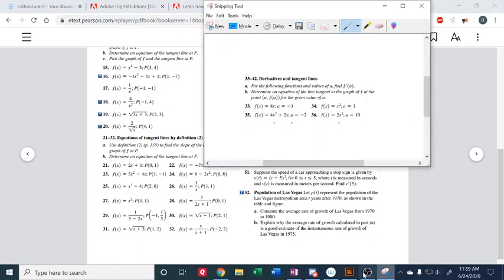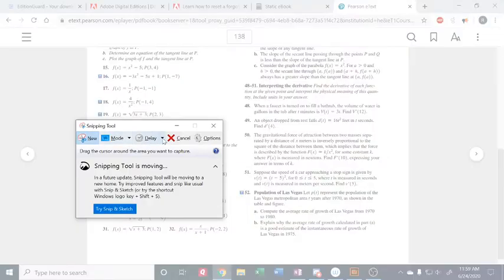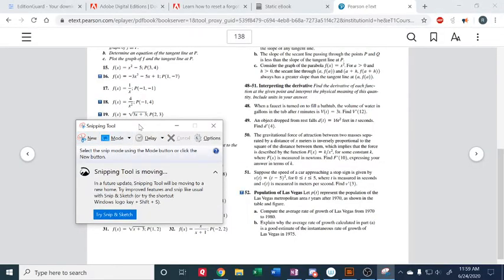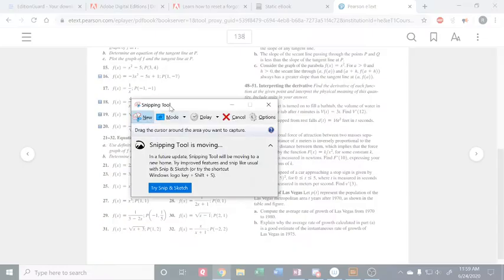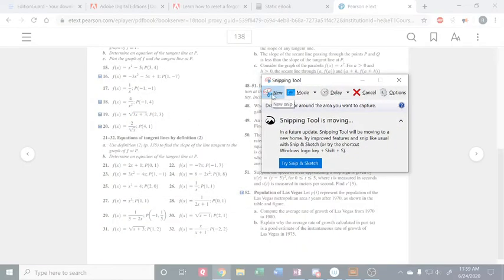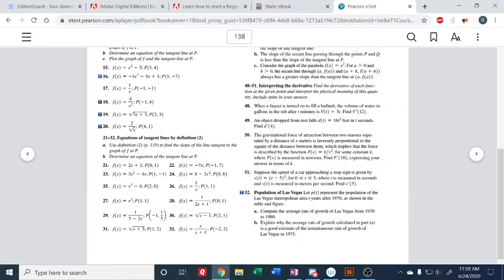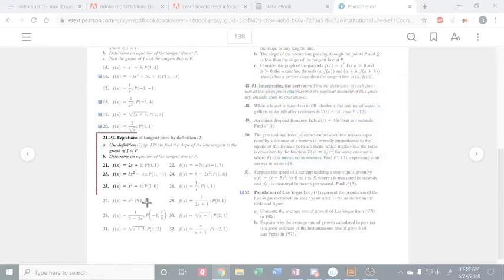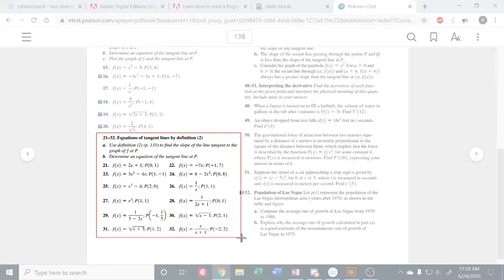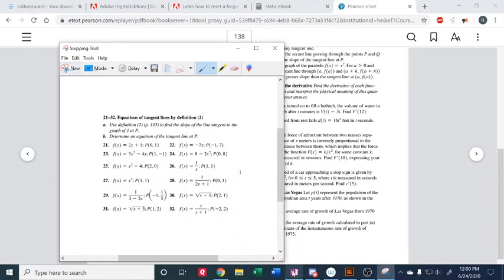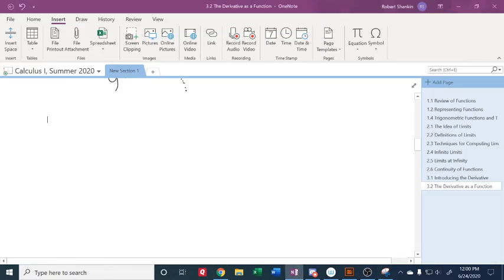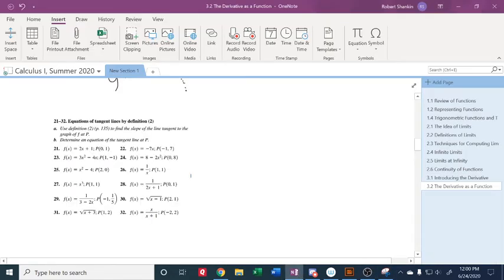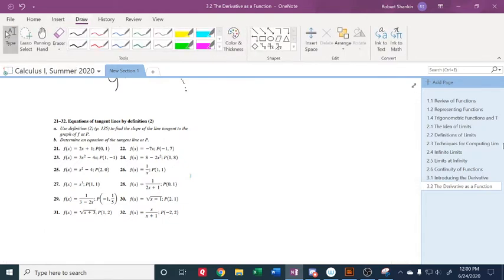So let's go to the snipping tool. Let's do 29. So we'll do this one.